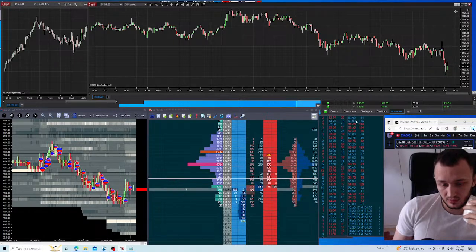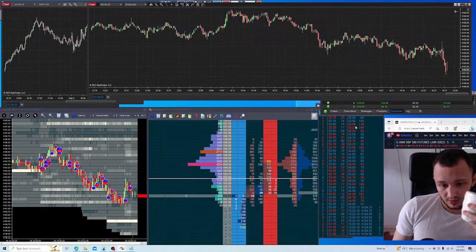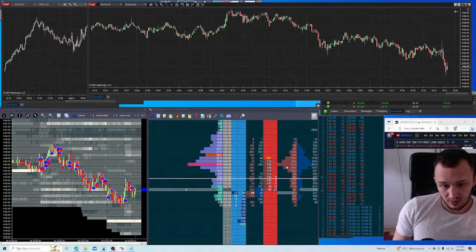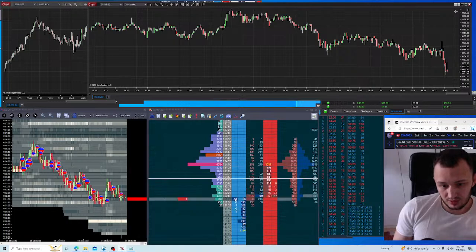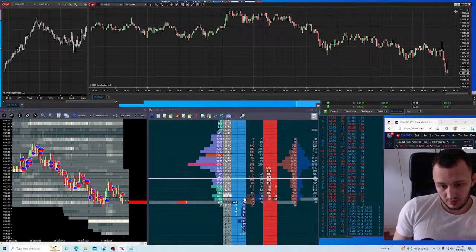We see the 185 lots, 64 lots at 52, so he hit 52s. Now I want to see if they are defending 52s or just giving up here.